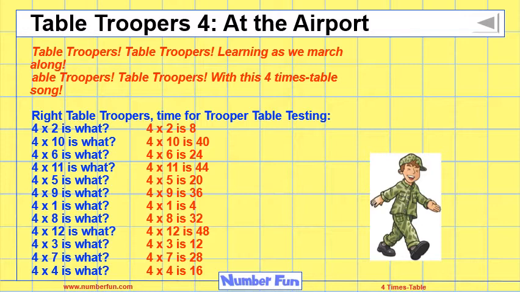Right, troopers, time for trooper table testing. 4 times 2 is what? 4 times 2 is 8. 4 times 10 is 40. 4 times 6 is 24. 4 times 11 is 44. 4 times 5 is 20. 4 times 9 is 36. 4 times 1 is 4. 4 times 8 is 32. 4 times 12 is 48. 4 times 3 is 12. 4 times 7 is 28. 4 times 4 is what? 4 times 4 is 16.